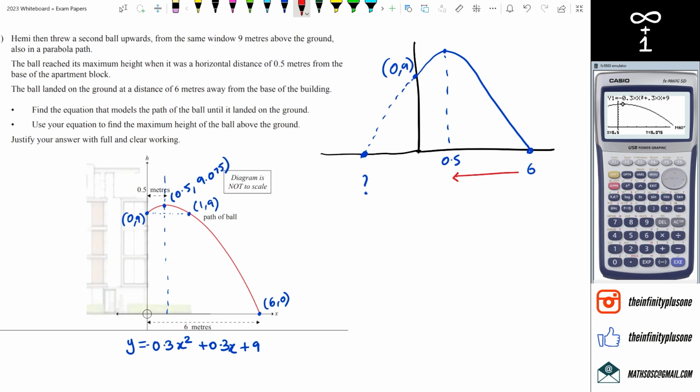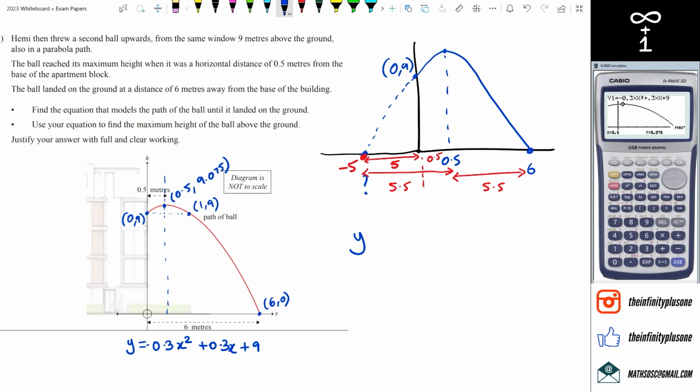From here to here it is 5.5, so from here to here should be 5.5. Because 0.5 is already taken up here, this distance from here to here must be 5. So that point there is going to be -5.